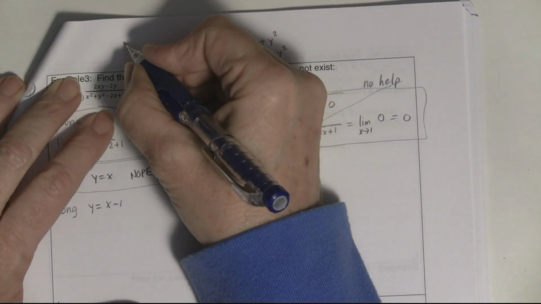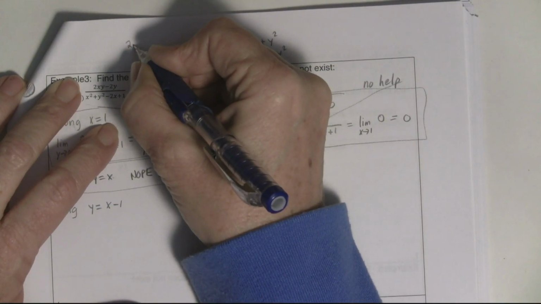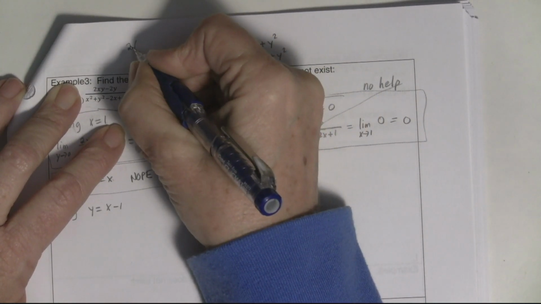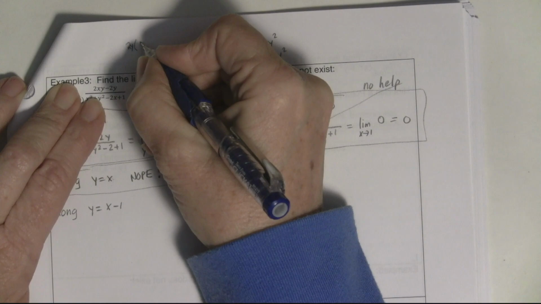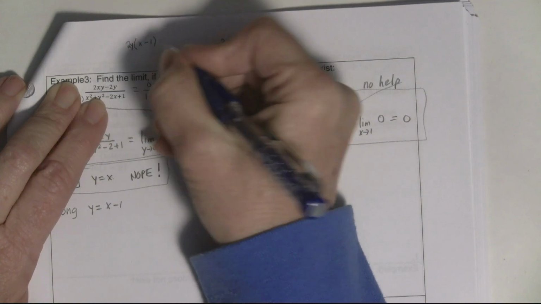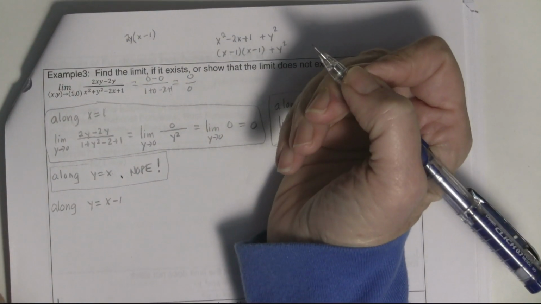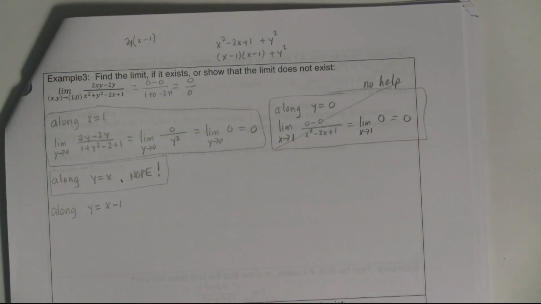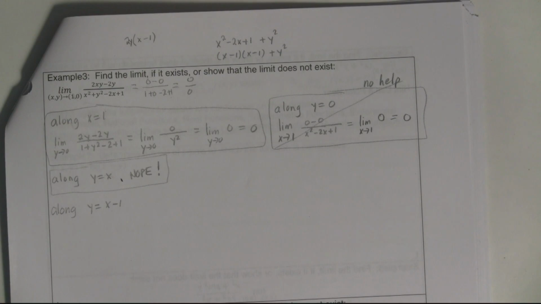Looking at the numerator here, 2y out, because it factors, is x minus 1. Did you guys notice that too? That was the first thing the first time I saw this problem that I sort of almost noticed.